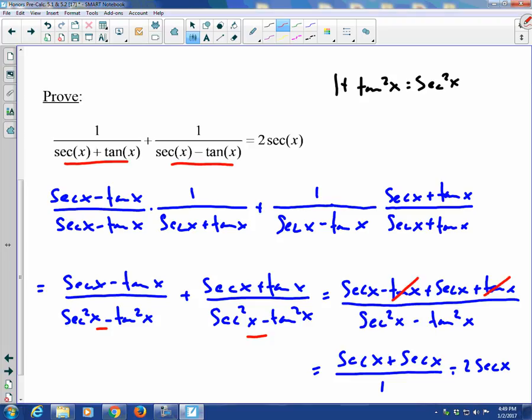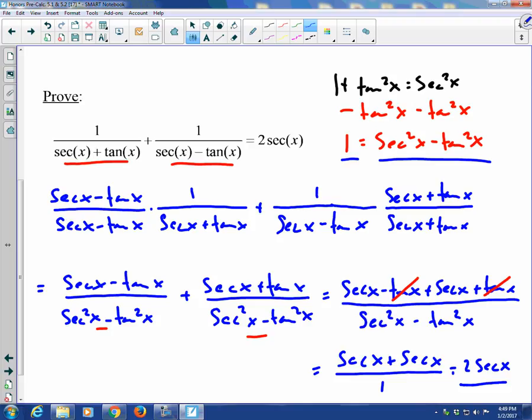And right here for our denominator, we can see with our Pythagorean identity for tan and secant that if we subtract tan squared x from both sides, we get 1 equals secant squared x minus tan squared x. And right here, that means that we can substitute in 1 for our secant squared x minus tan squared x. So we get in our denominator 1, and in our numerator, secant x plus secant x, giving us 2 secant x, our target expression.